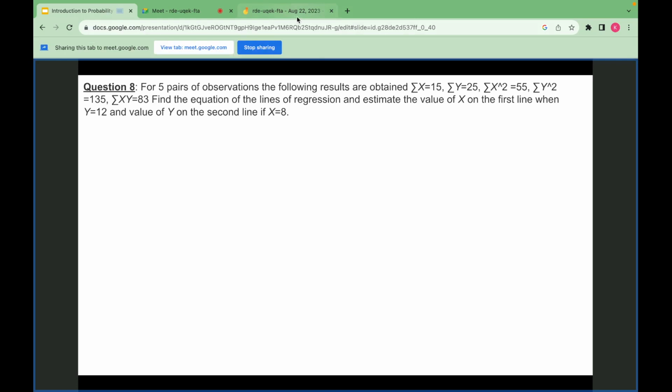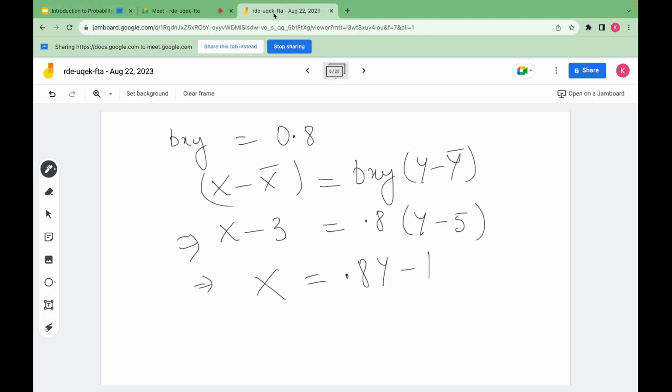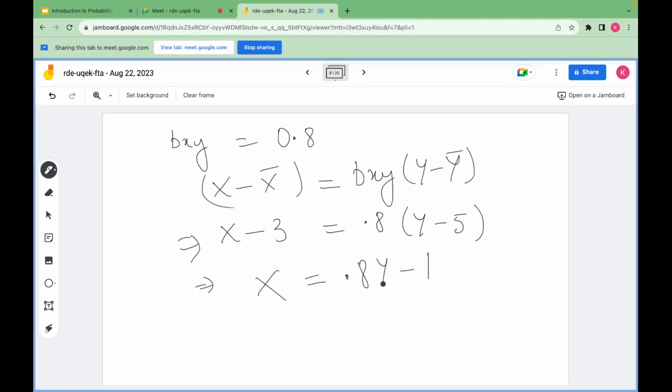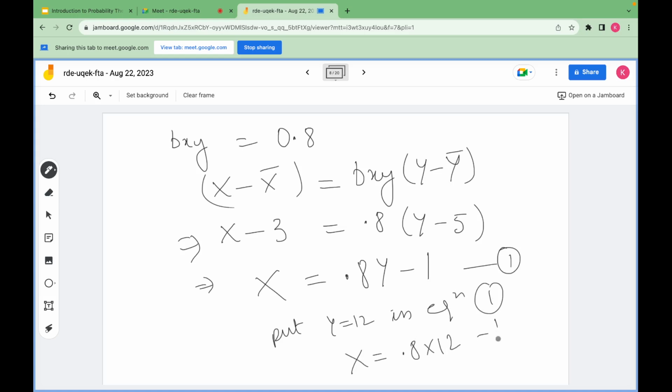So we found this regression line when x is depending on y. Now we need to find the value of x when y is equal to 12. So we put it in equation 1. We get x is equal to 0.8 into 12 minus 1, which is 8.6.